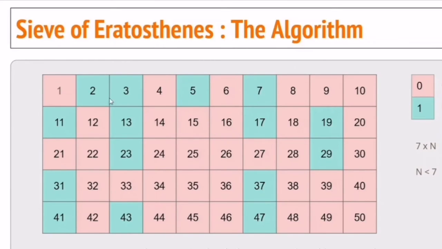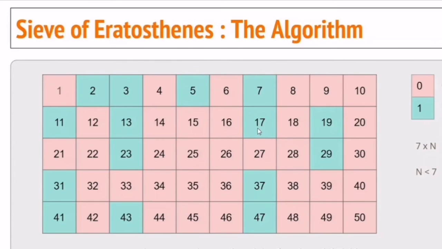And why does it happen that if the ith number is not colored composite, then it's prime? Because if for every number smaller than it, no prime number is able to divide this number, if this number is no multiple of other prime numbers smaller than it, then it has to be a prime number.